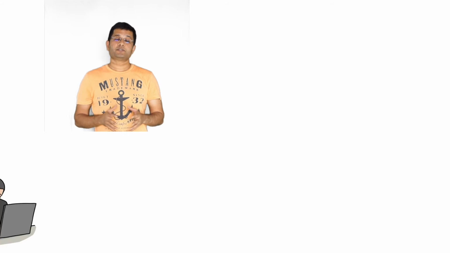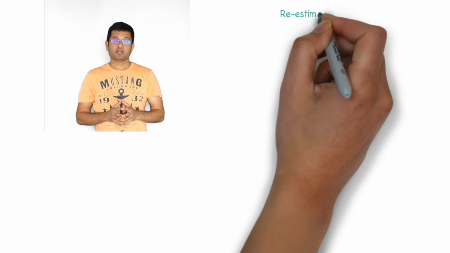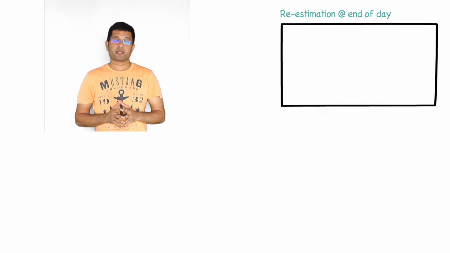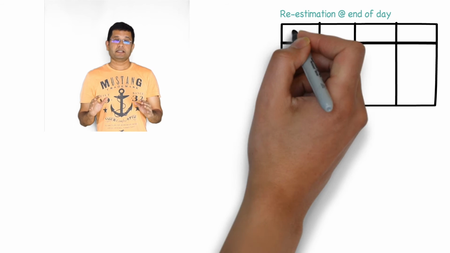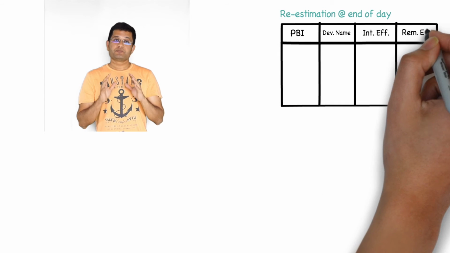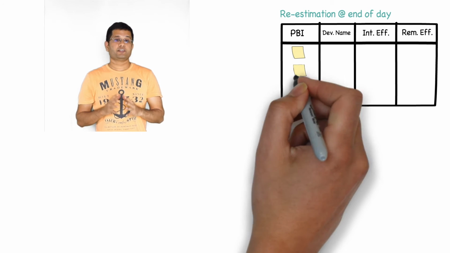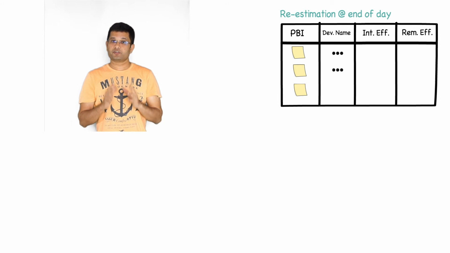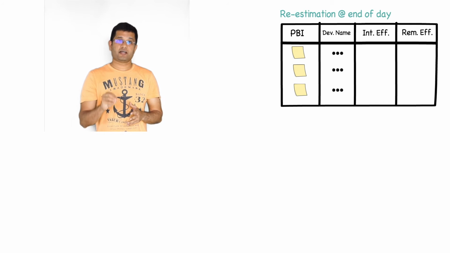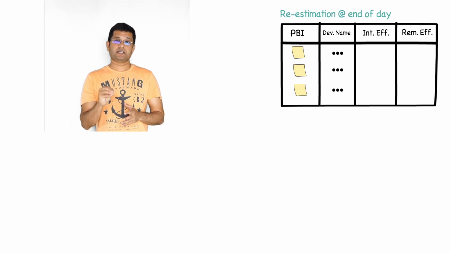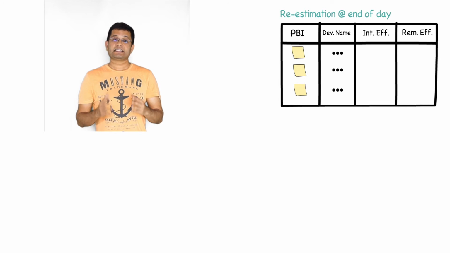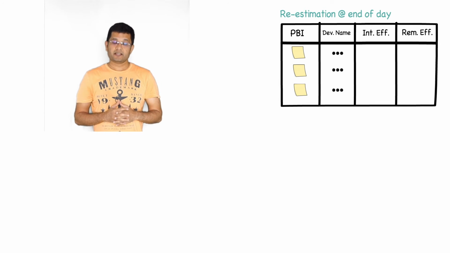So once I'm done for the day, I will have to do a re-estimation of the PBI that I am working on. If I've completed that PBI, then I would update the remaining effort to be 0 in the tracker. Suppose I have not completed the PBI, then I would do a re-estimation and put in the tracker as to how much more remaining effort is required to complete the PBI. For example, let us assume that I had estimated the PBI to be completed in 16 hours.